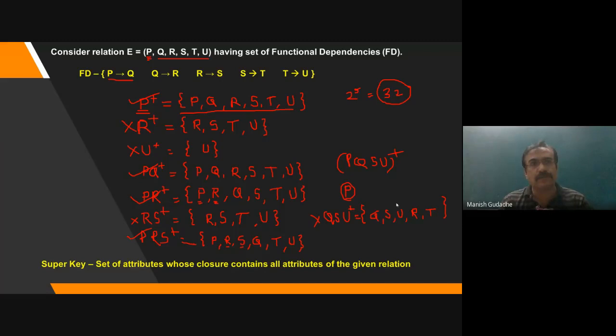Governing a relation means that with the help of that primary key, I can access each and every element in that relation. If it is not possible, at that moment we need to redesign that relation.